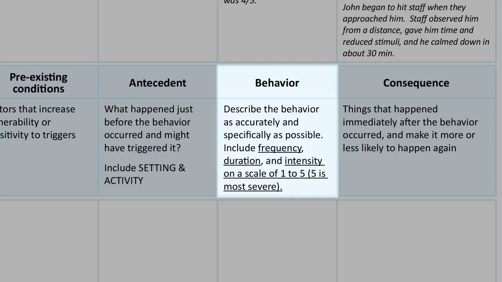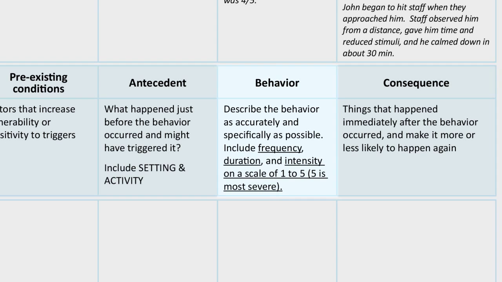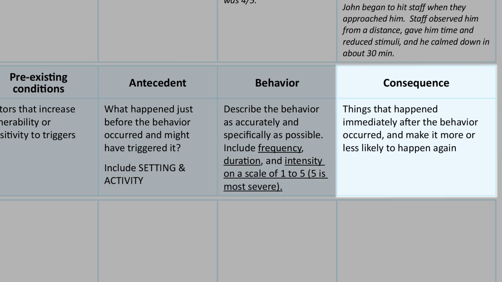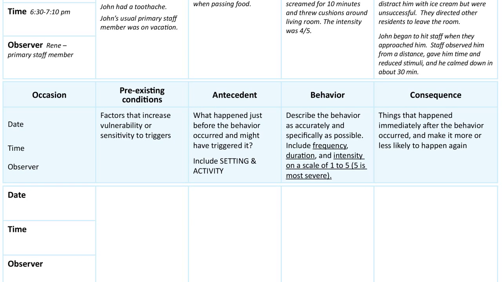And it asks you on this form to rate that intensity on a scale from 1 to 5, with 5 being the most severe. Lastly, you include the consequence to the behavior, or what occurred directly after the behavior. So those are the 4 components of collecting data on this antecedent behavior consequence chart.